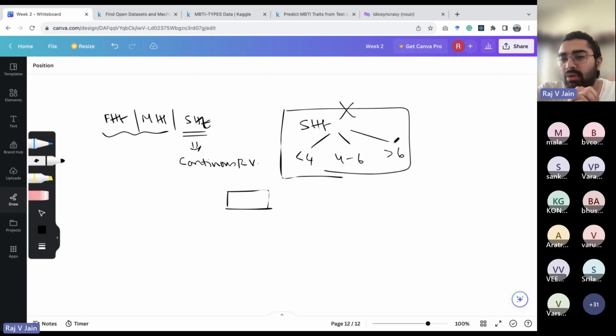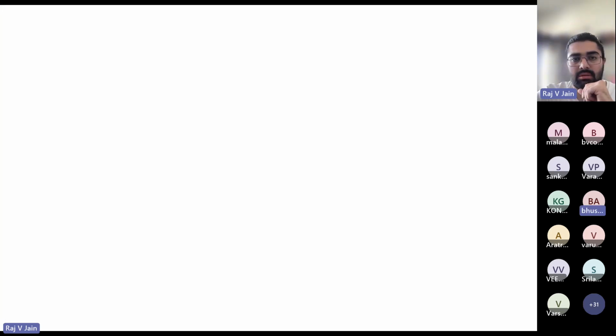So anything you remember from linear regression classes? In linear regression, at least in the way the class has been taught, what is y? Is it continuous or categorical?